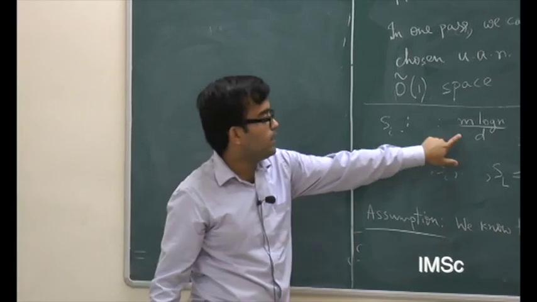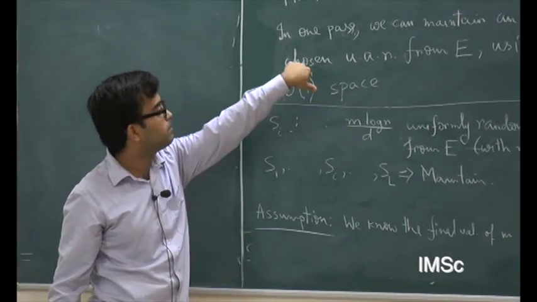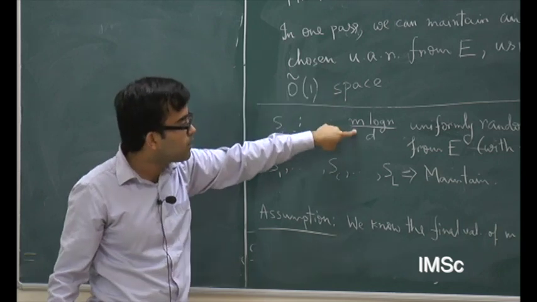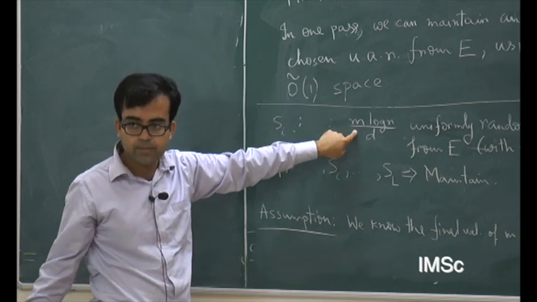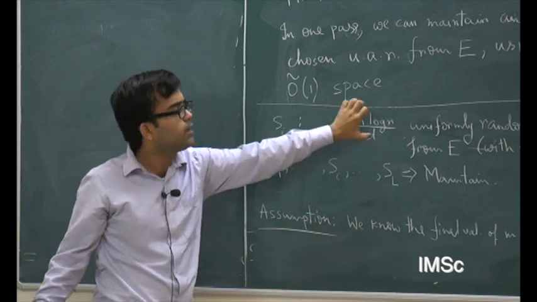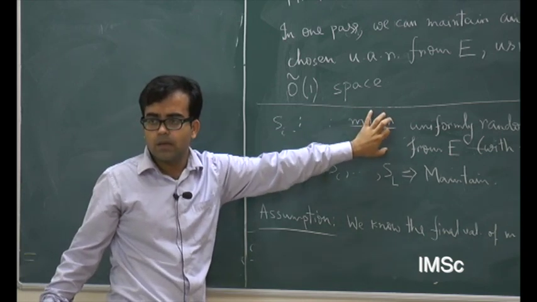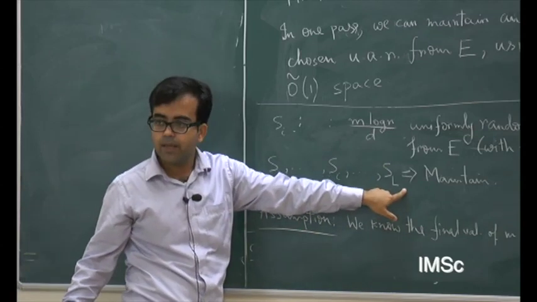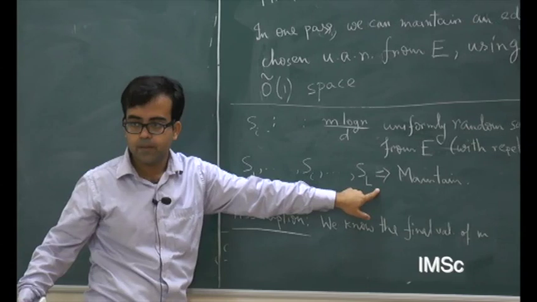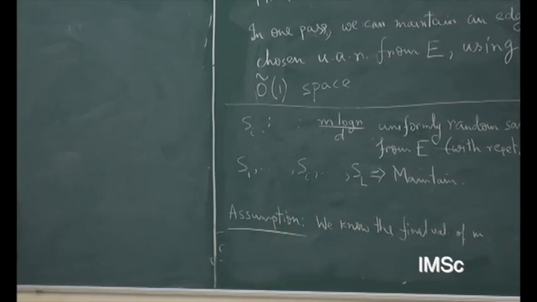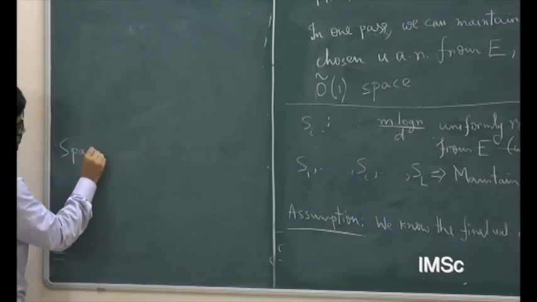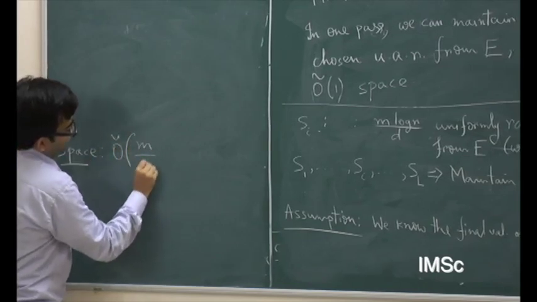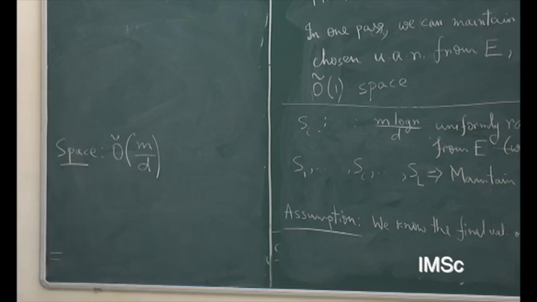Because for maintaining one uniformly random sample, you spend polylog n space. So to maintain m log n over d random samples, you spend m over d times polylog n space. And how many such i's are there? L, which is also log n. So overall, the space required here is, ignoring polylog n factors, this much.